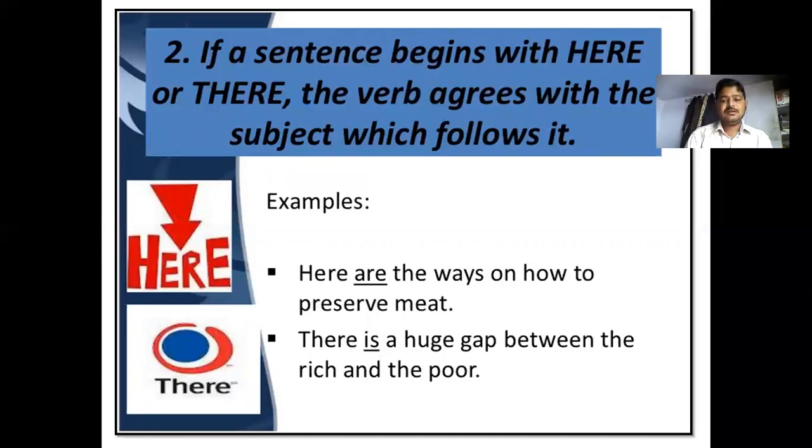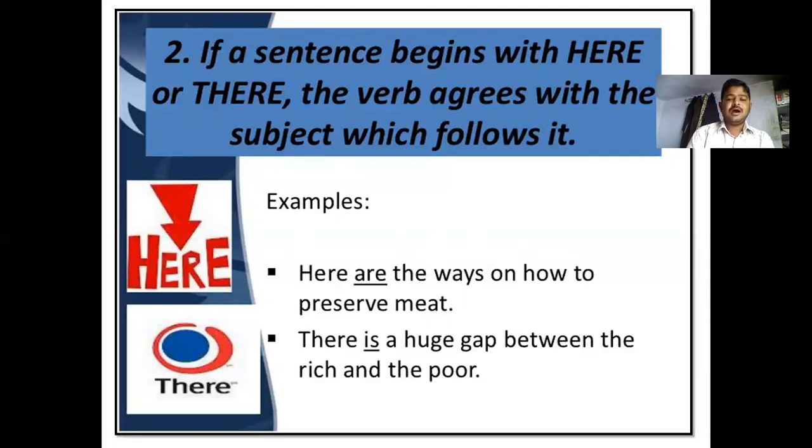Here, the ways are the subject, and ways is a plural form, so we have to use are.